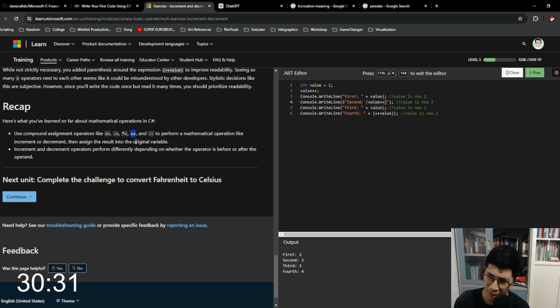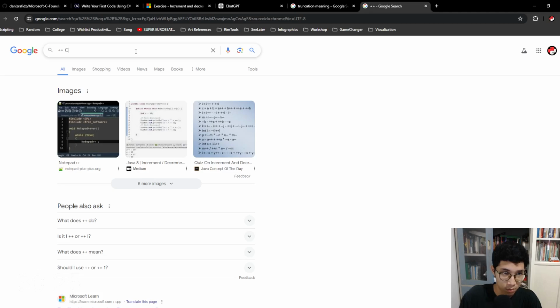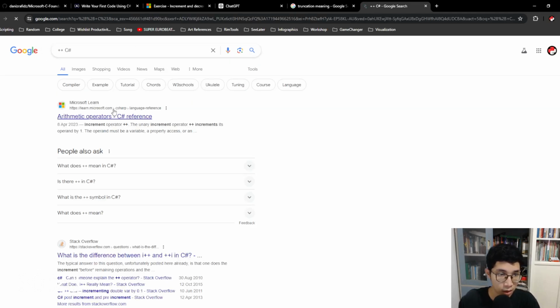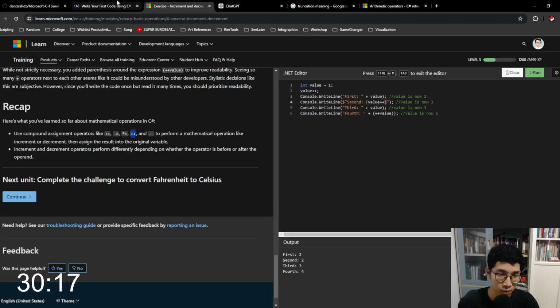And the double addition, what should you call this in C#? The increment operator. Okay, I see. Use the increment operator and decrement operator to perform a mathematical operation like increment or decrement, then assign the result to the original variable.